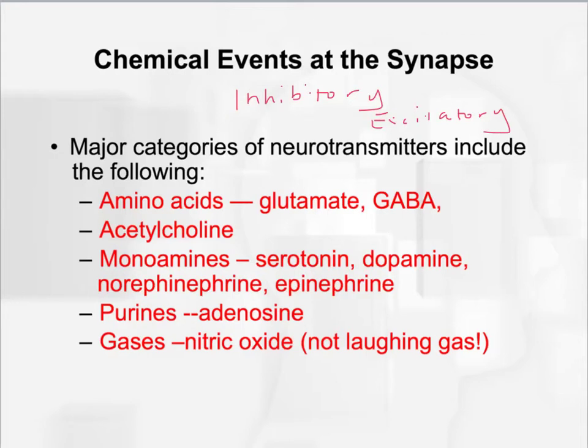Just as you can imagine, inhibitory and excitatory mean exactly what they sound like. Inhibitory neurotransmitters will inhibit a signal from transferring from cell to cell, and an excitatory neurotransmitter will be a green light. It will excite more action potentials so that you will have more of a physical response.